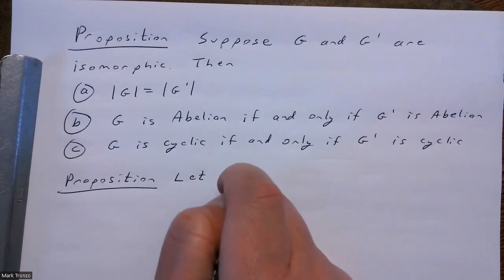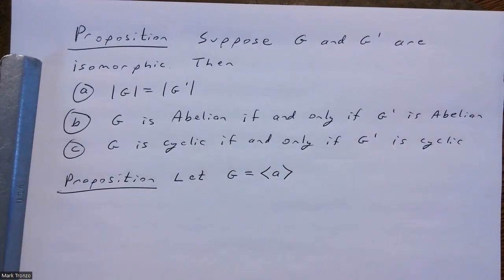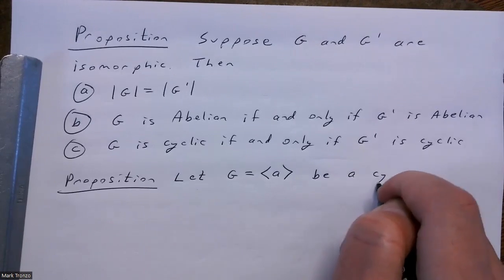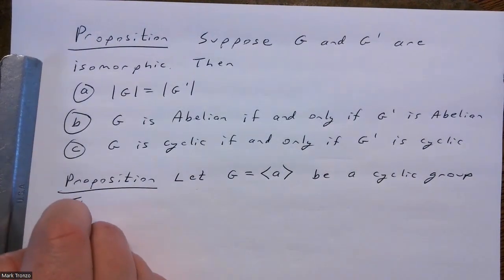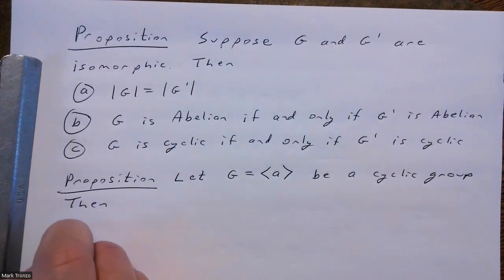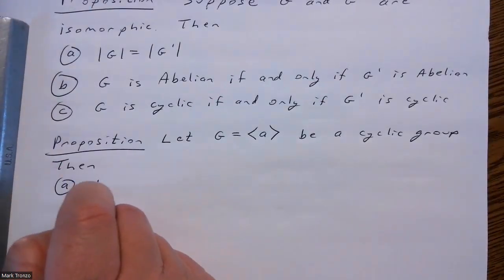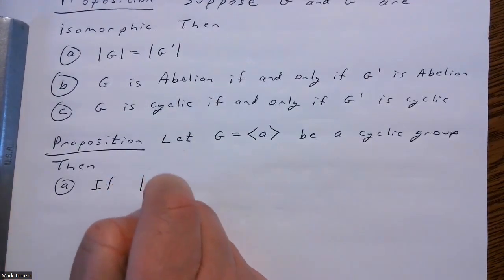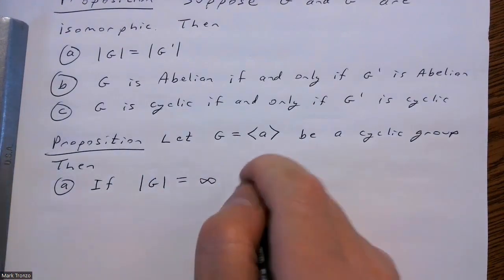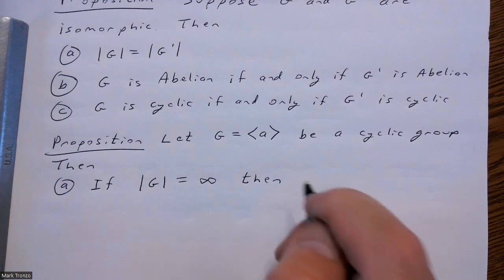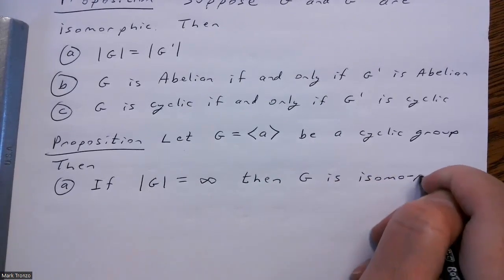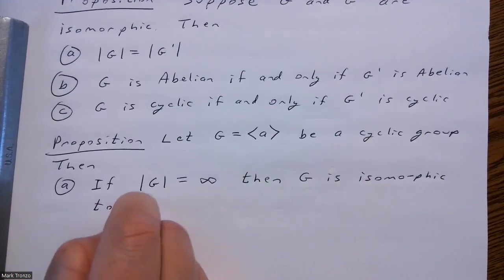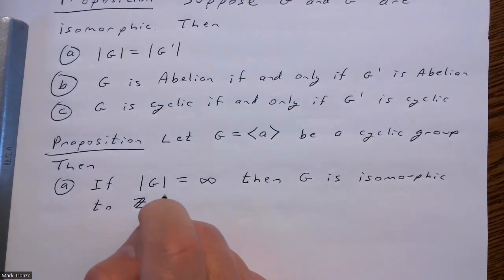Let G be a cyclic group generated by A. Then A, if the order of G is infinite, then G is isomorphic to the integers, of course.